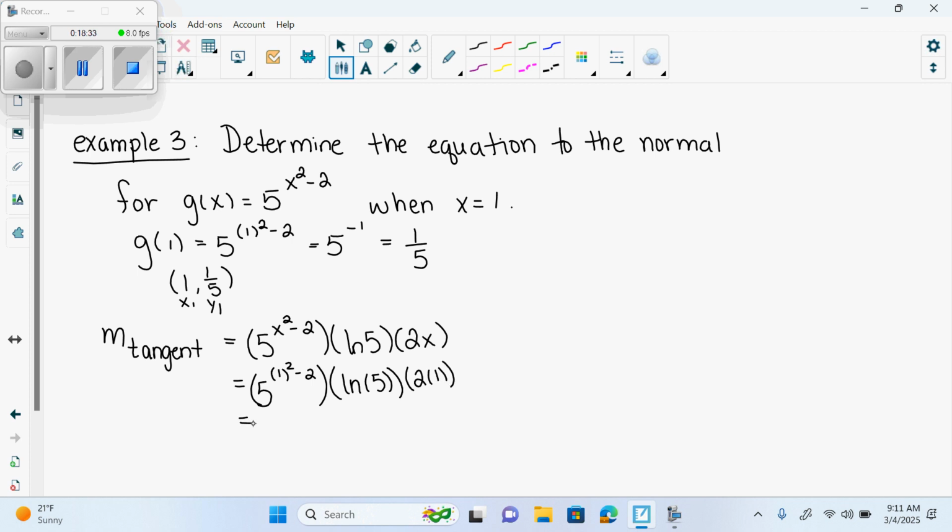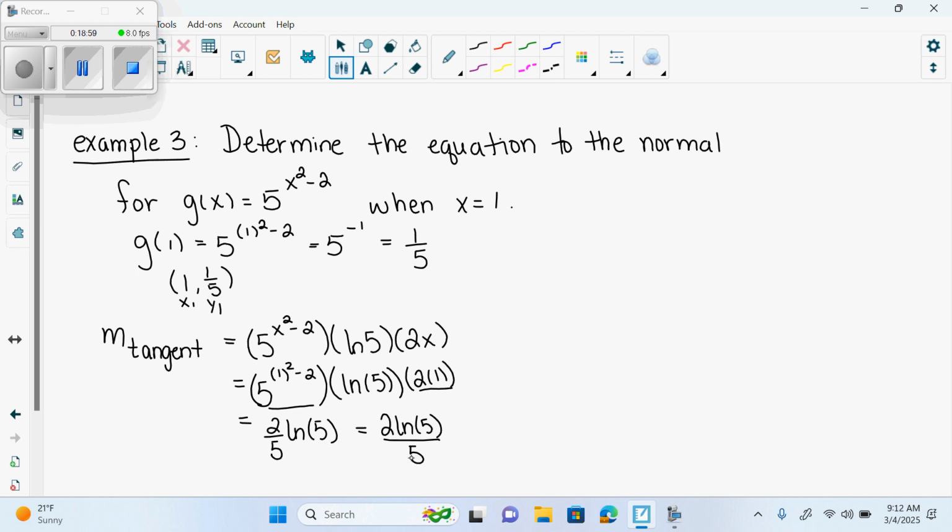So we're going to get 2/5 ln 5. This turns to 1/5, and this is a 2. 2 times 1/5 is 2/5, right? Okay. So that is the same as saying 2 ln 5 over 5, technically.